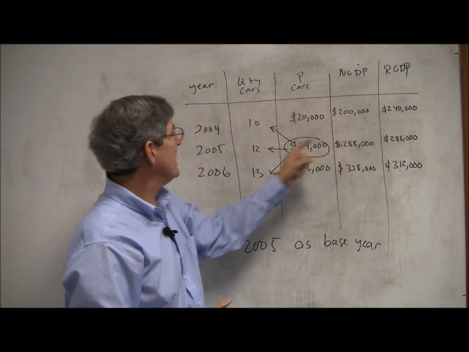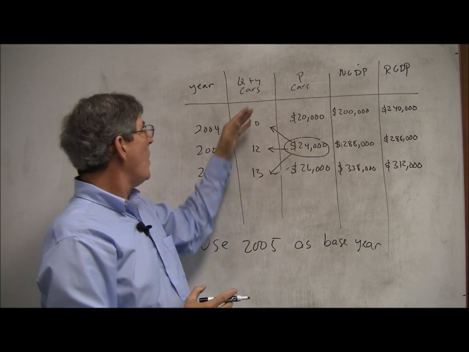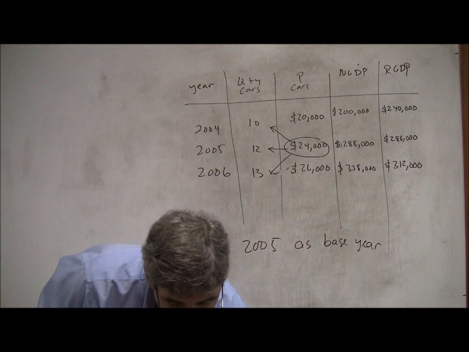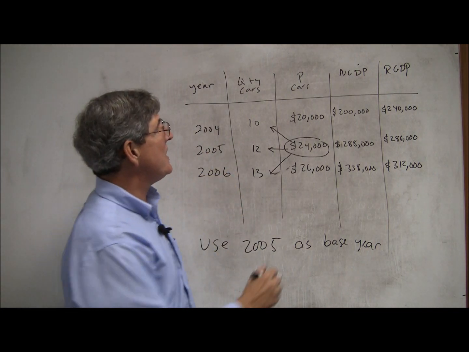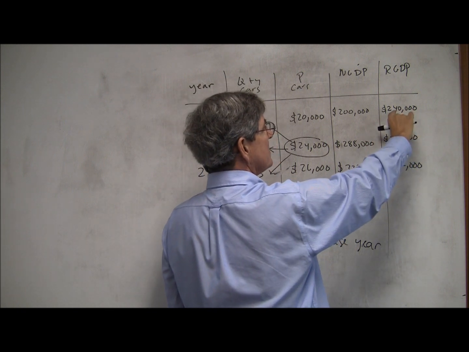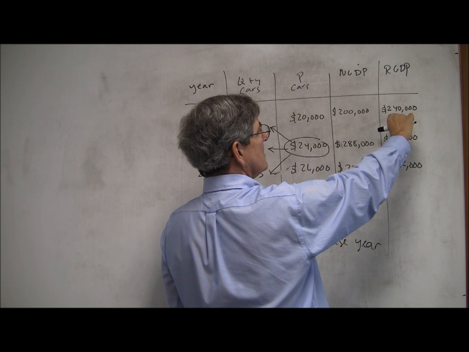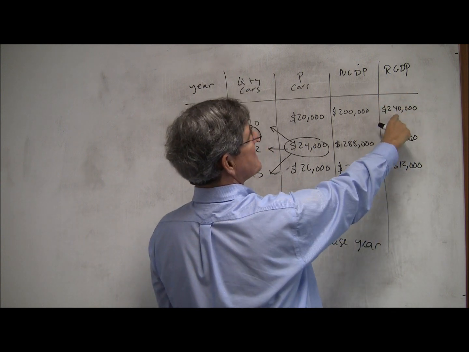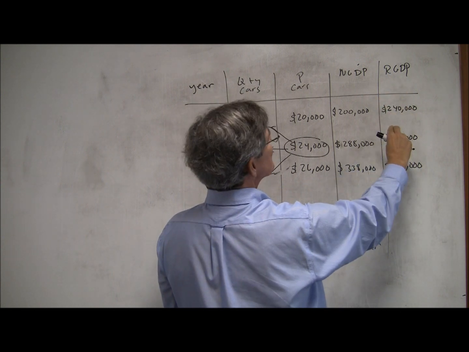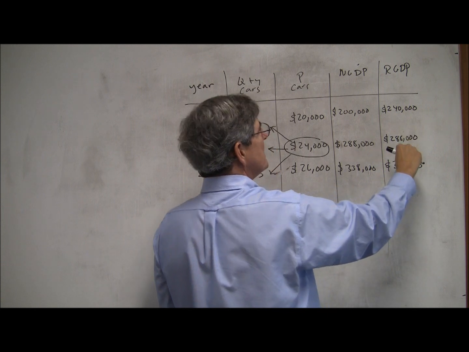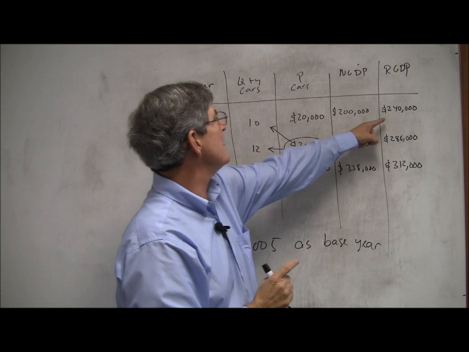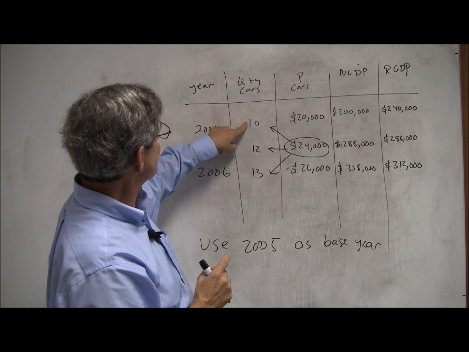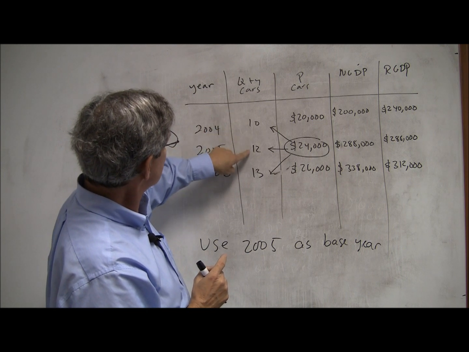This number, because we're using the same price, is only changing because of quantities. So this change here is a 20% change. 10% is 24, 20% is 48, 48 plus that is 288. So what we've had is a 20% growth. You can see it here too: 20% of 10 is 2, so 10 plus 2 is 12.